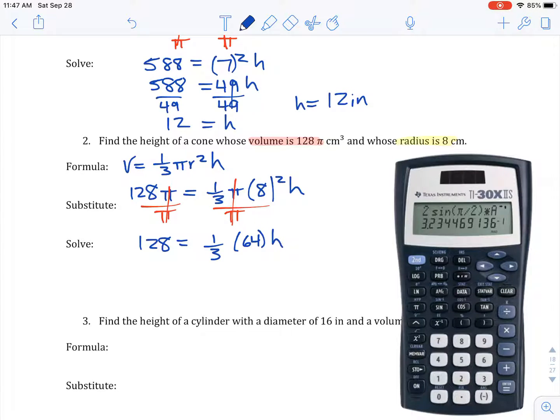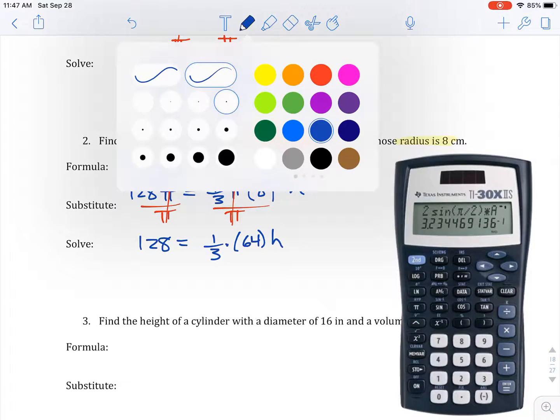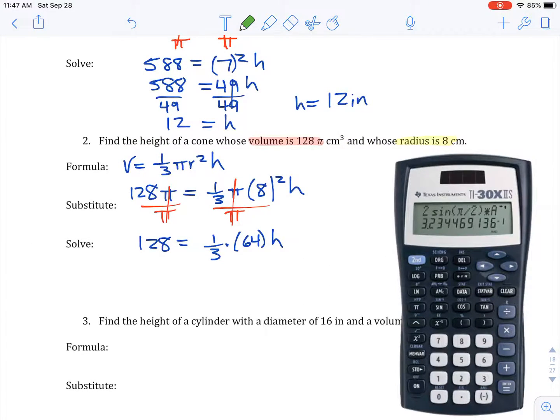h. Now we want to get rid of the 1/3 and the 64. To get rid of 1/3, you can do times 3, or you could divide by 1/3, because it's being multiplied right now. Multiplying by the reciprocal is often a little bit easier, so we could do times 3 over 1 to both sides here. And that makes it 3 over 3, which is just 1. So those essentially cancel out because 3 over 3 is 1.